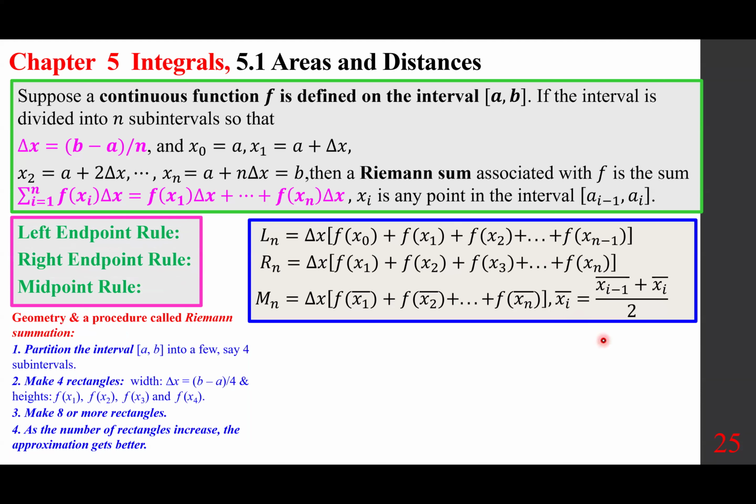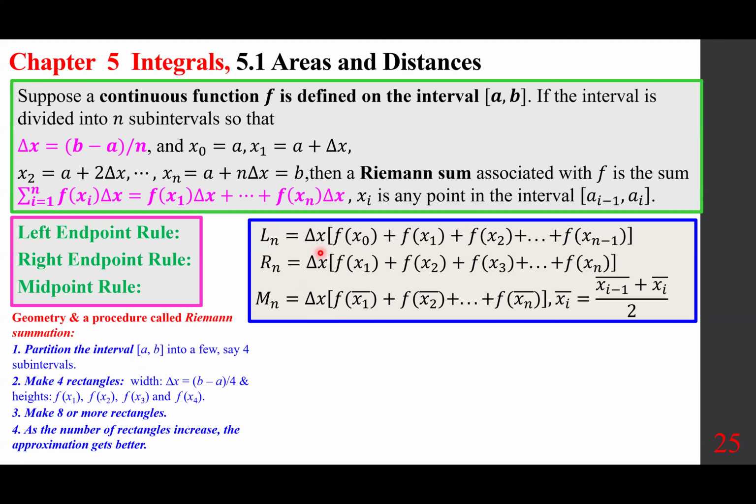You don't have to memorize any of them. I'll give you the concept, and then I'll show you how easily you can remember it by looking at this concept of a to b and cutting it into n pieces. So delta x is (b minus a) over n. If we go from a to b, x sub 0 corresponds to a, and x sub n corresponds to b.